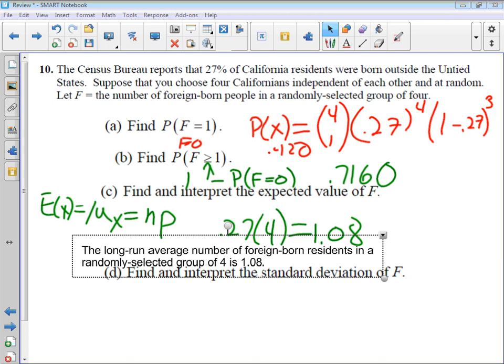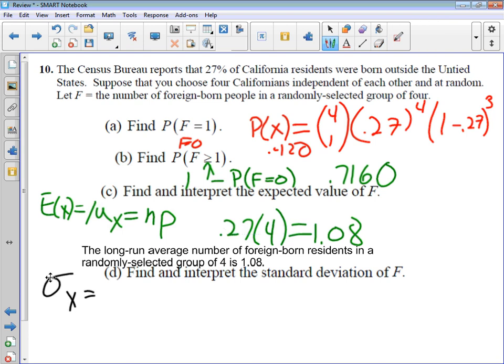So the standard deviation, sigma x, equals the square root of n times p times 1 minus p.